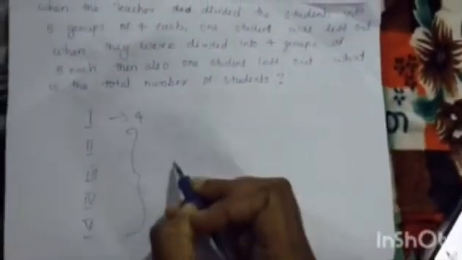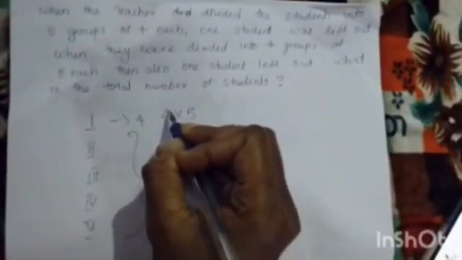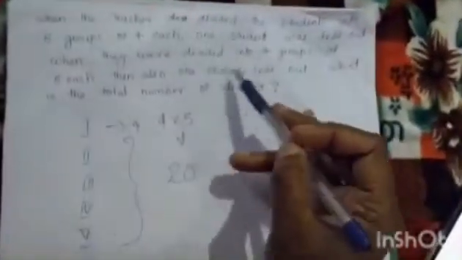Here there are 5 groups with 4 students each. So the total number of students is 20. 4 plus 4 plus 4 plus 4 plus 4, we get 20, or 4 into 5 is 20. And again it says they were divided into 4 groups of 5 students.